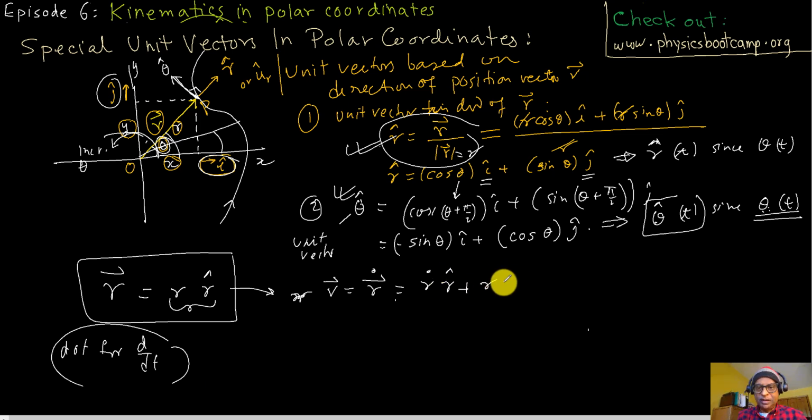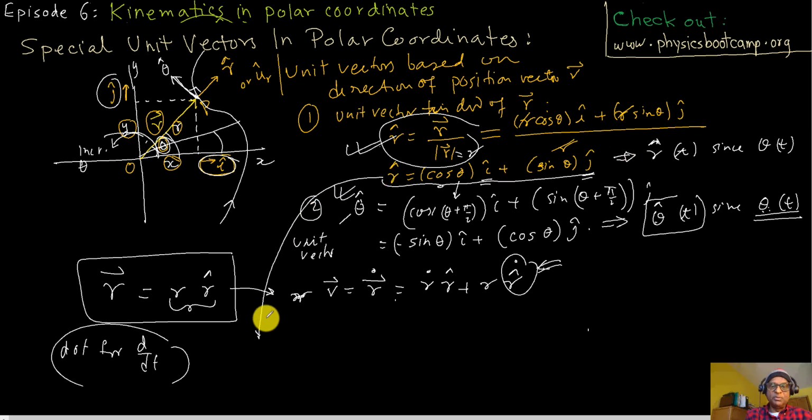And r hat dot. Now this is not either r hat or theta hat. It's a vector, so I need to figure out what that will be. If I take a time derivative of this, what do I get? When you do r hat dot, you will get a theta dot from here and theta dot from here. So theta dot could be common, and this will become minus sine theta i hat plus cosine theta j hat.